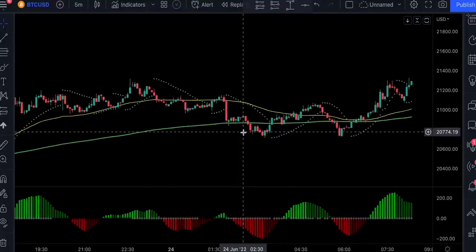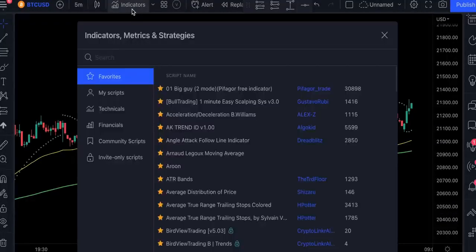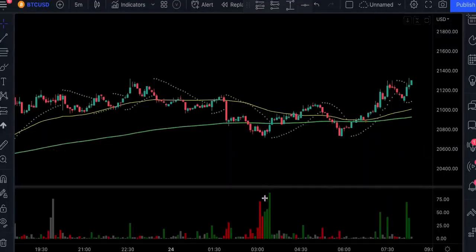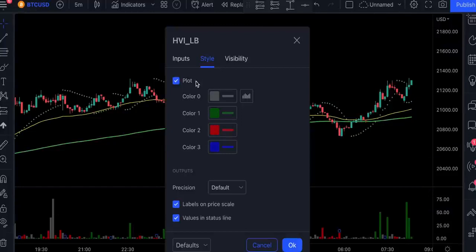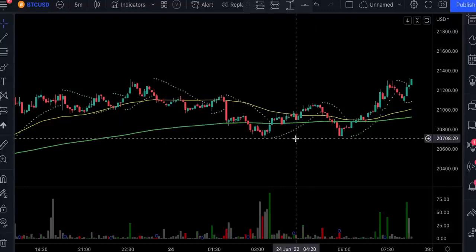And the second step will be to get rid of this squeeze momentum indicator and add the HVI indicator to our chart. Now let's change some parameters. So we want to change this number from 3.6 to 1. Okay, the setup is ready.